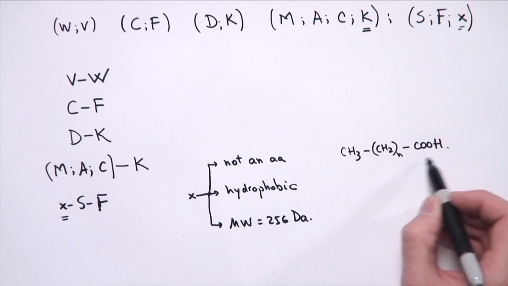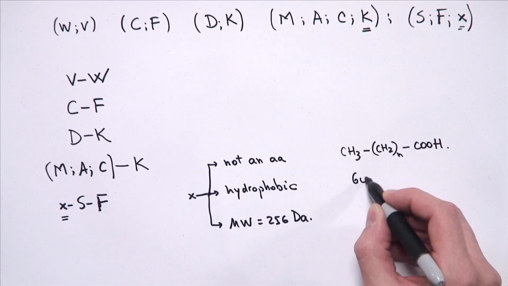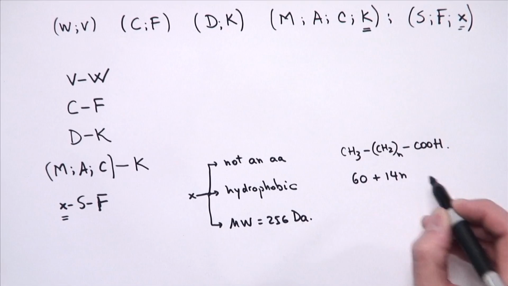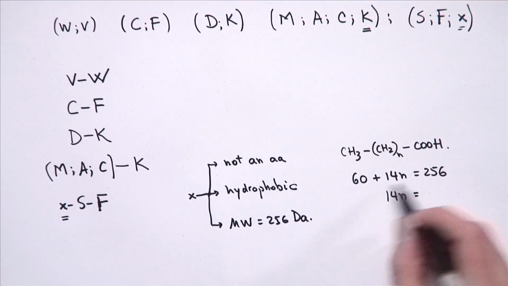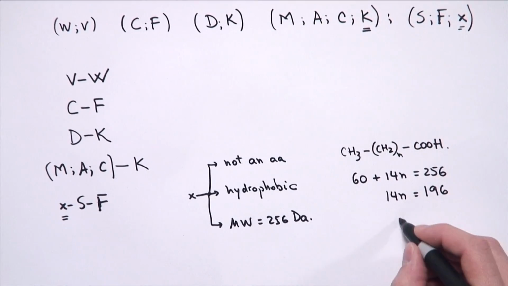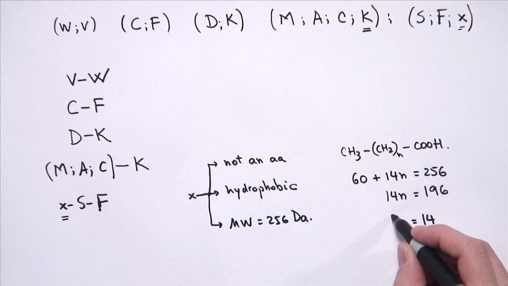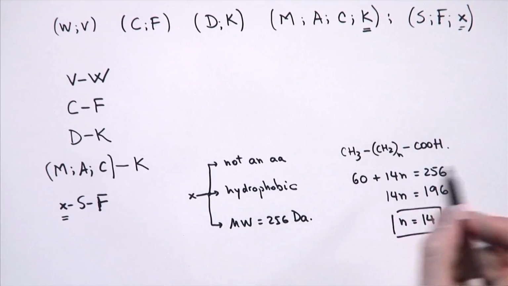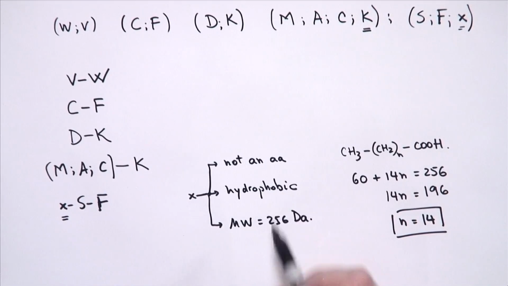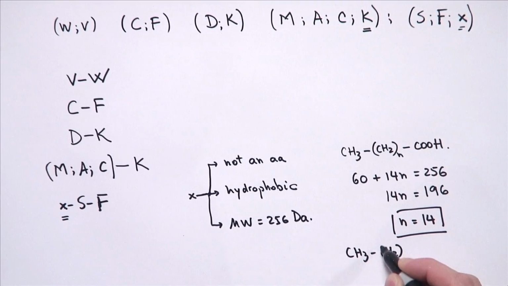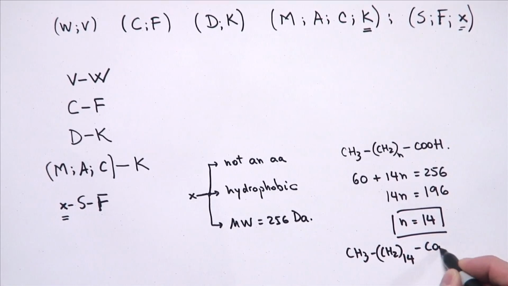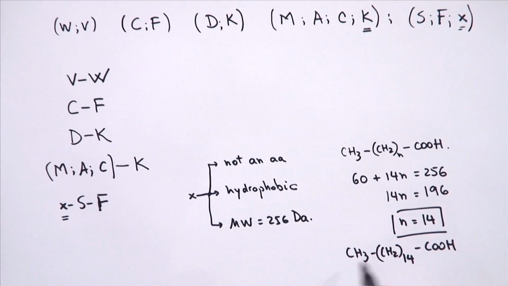The mass of this carboxylate is 45, so we have about 60 plus 14N equals 256, or 14N equals 196. Therefore, N is 14. All right, so the fatty acid that would fit these criteria, it's hydrophobic, it has a mass of 256, will be CH3, CH2, 14 times, COOH, or the fatty acid with 16 carbons. This is palmitic acid.